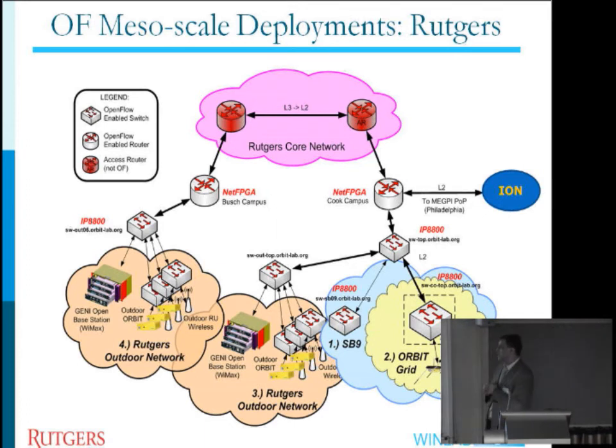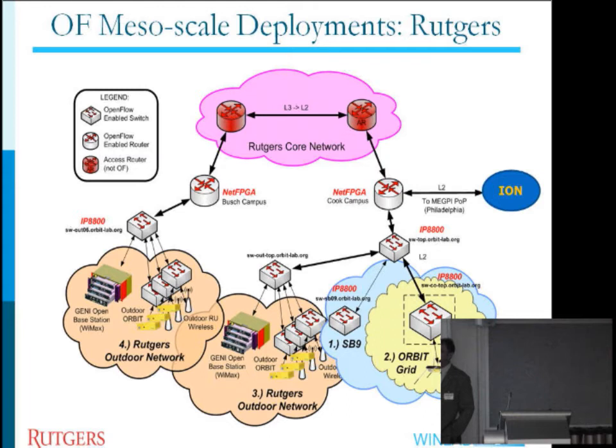And the idea there is that we will have this programmable fabric that Masa will talk about a little bit more later on, that is deployed both in ORBIT as well as in a production network that is willing to play with the new equipment, right? And so the idea involves something that's called the ION, which I'll show in the next picture: a couple of programmable routers at key points in the university.